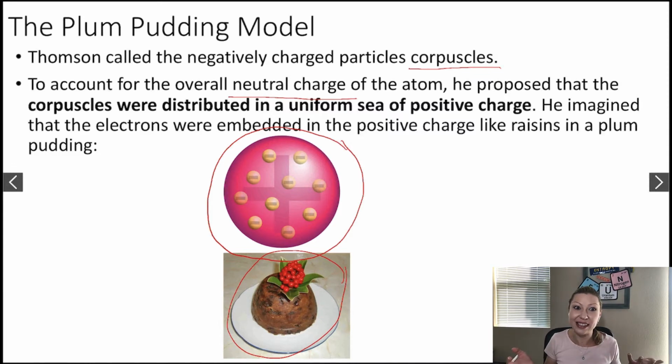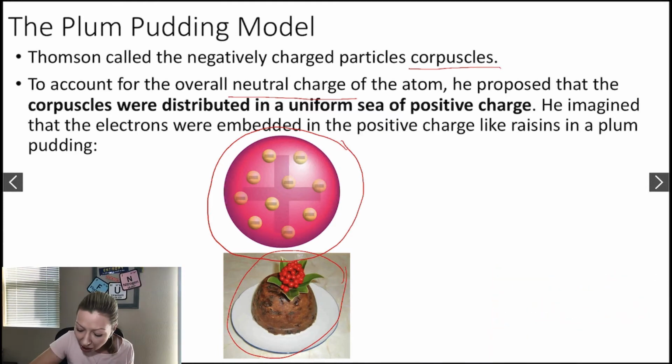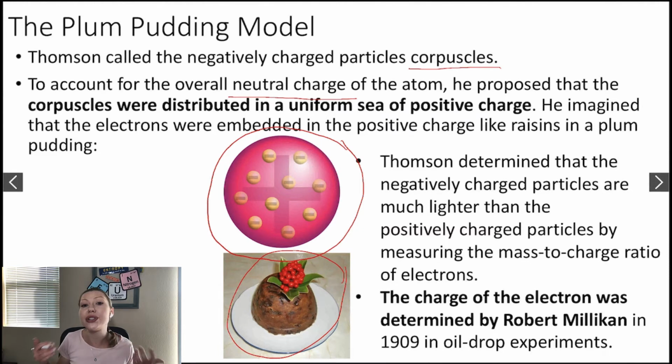So the model is called the plum pudding model. The only difference between the plum pudding and Thomson's model is that in his model, he imagined that the electrons were constantly moving around.